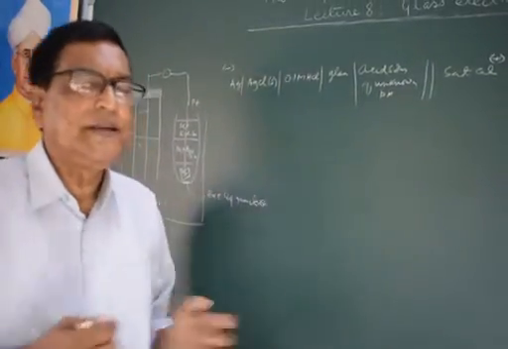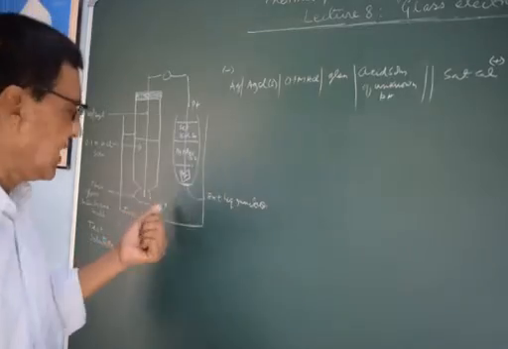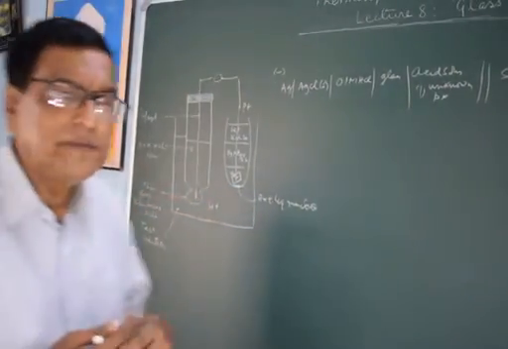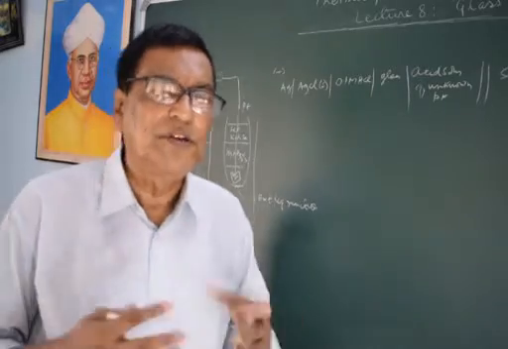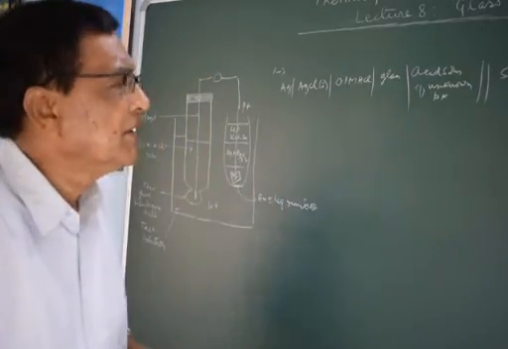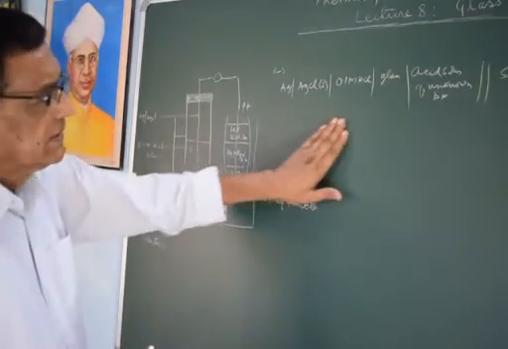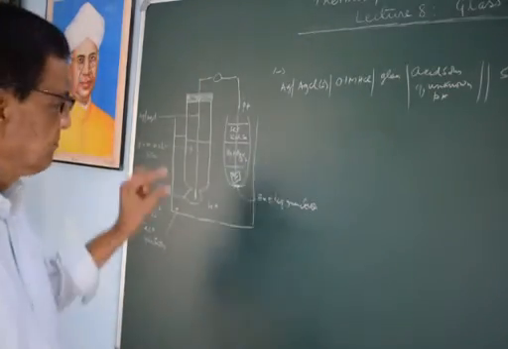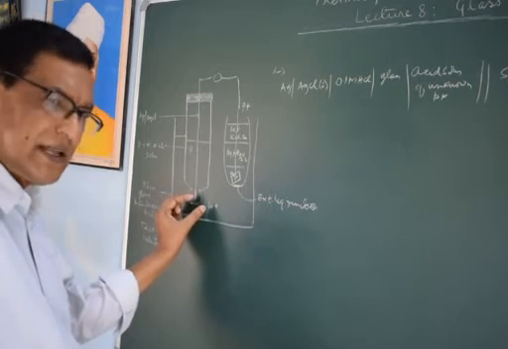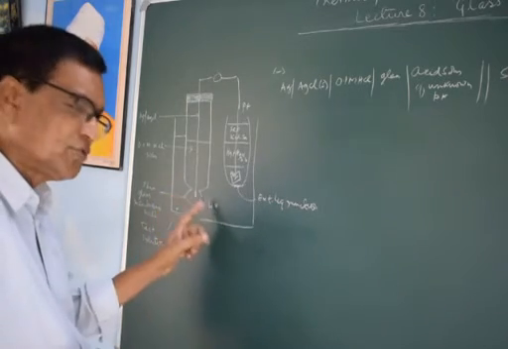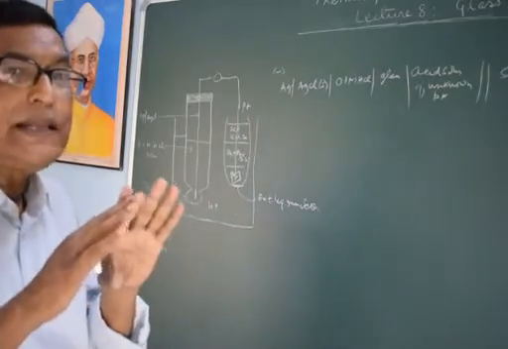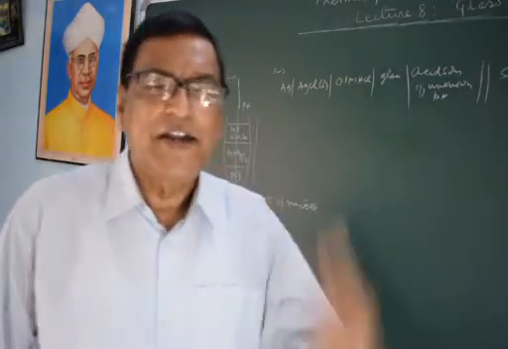No electrons are involved, only the exchange of ions through this boundary, and this is why it is also called the boundary potential of the glass electrode. And the advantage is that the equilibrium between the hydrogen ions within the glass and the hydrogen ions within the solution is very quickly attained. This is one advantage.